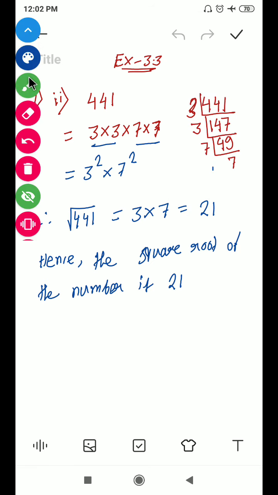Now go to the next one, question number 2, Roman 2. Here a fractional number is given: 7 whole 13 by 36. You have to find the square root of this number. So what to do? Firstly, convert this mixed fraction to an improper fraction.